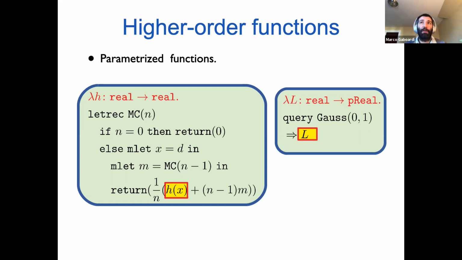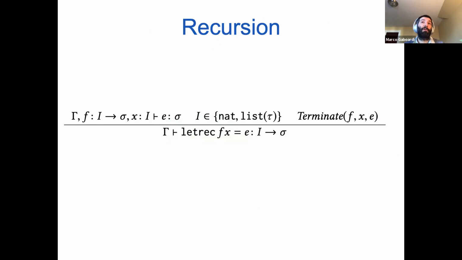And also, we want to deal with recursion. And as I said before, we assume some termination here. So we assume that we have some predicate terminate that proves termination for our program. Again, this is orthogonal to my presentation, so I will not go more into this, although finding good methods to prove termination of probabilistic programs, and especially higher order probabilistic programs, may be non-trivial.